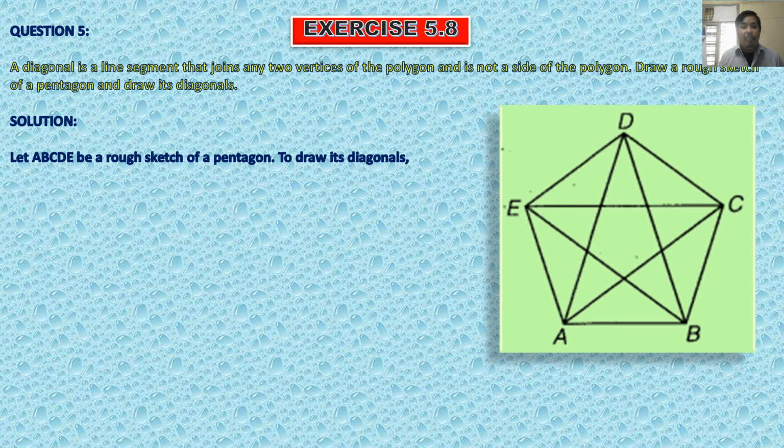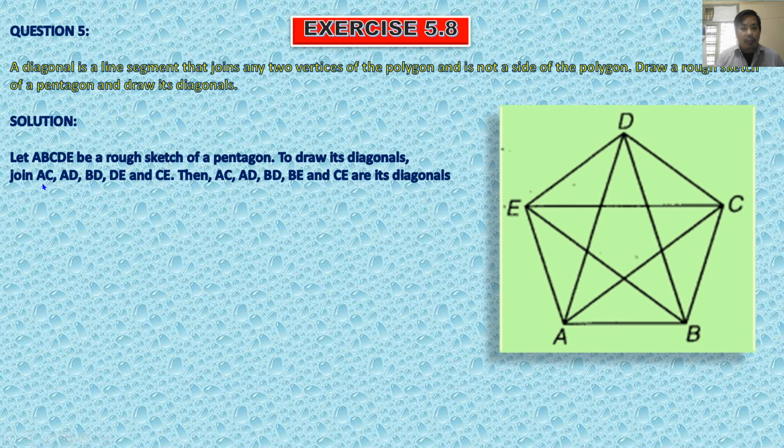Let ABCDE be the rough sketch of the pentagon. To draw its diagonals, we have to join AC, AD, BD, and so on. Sorry, DE is not supposed to be here.